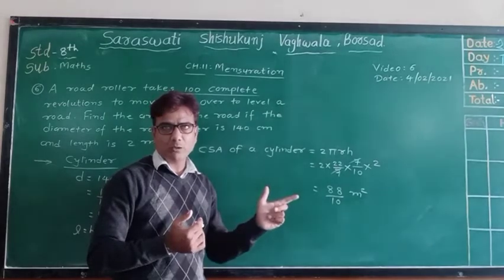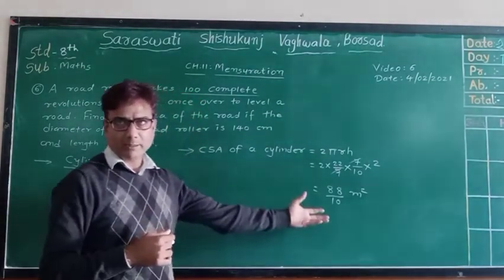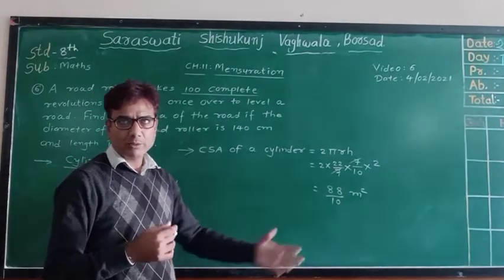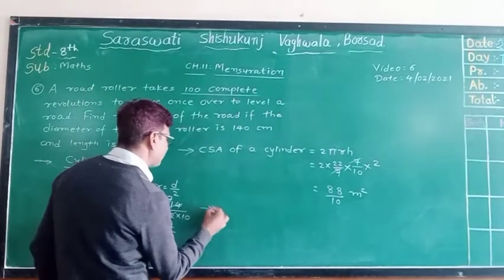But that roller moves 100 times. So simple, we have to multiply this answer by 100, so we can get the total area of that land.